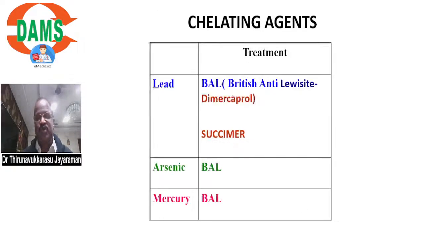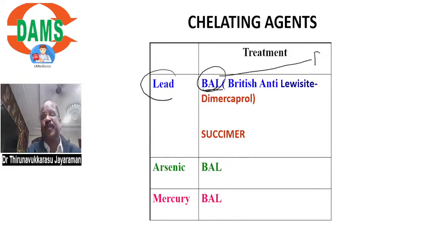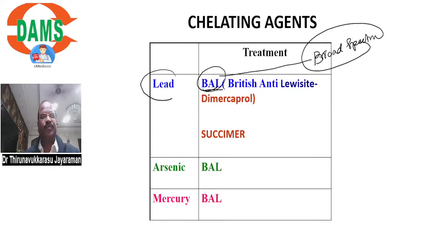To overcome the other options, look here. We have BAL, also called dimercaprol, the British anti-lewisite. It is a broad spectrum chelating agent. That means BAL is useful for arsenic poisoning, lead poisoning, mercury poisoning, like this. So BAL is for all poisonings.